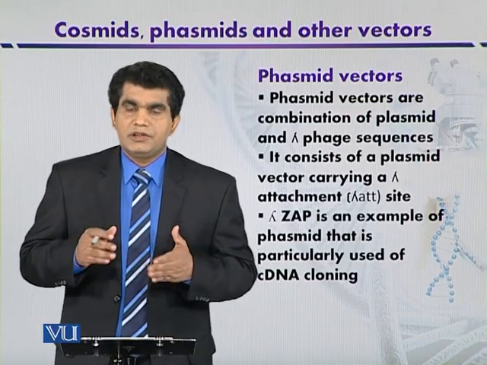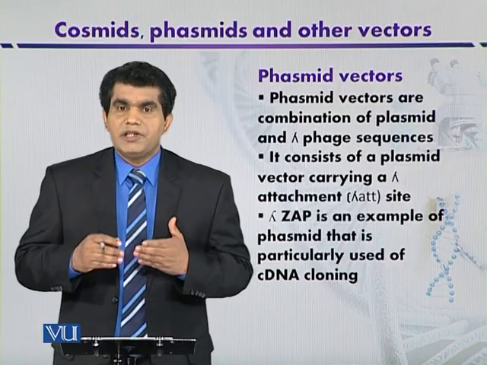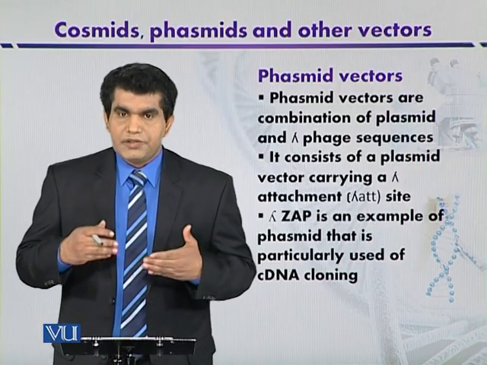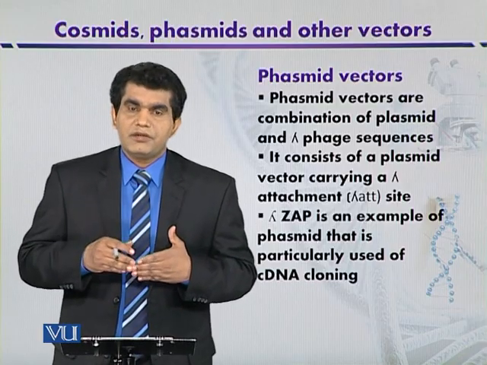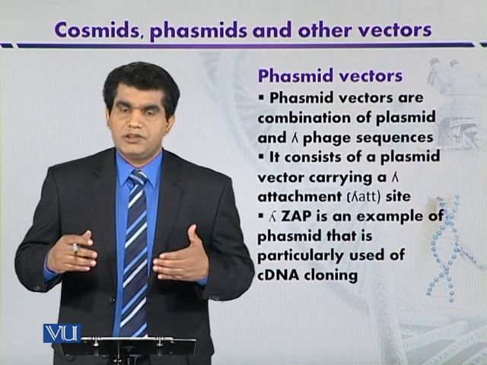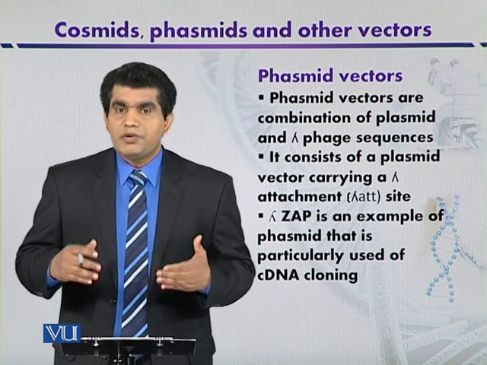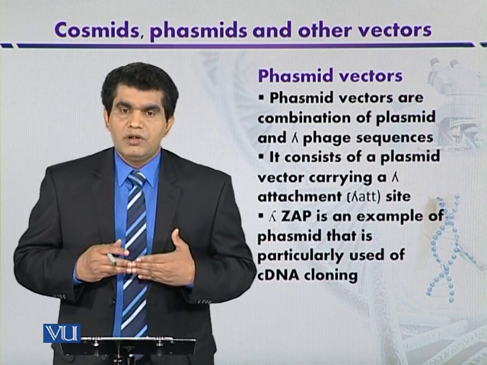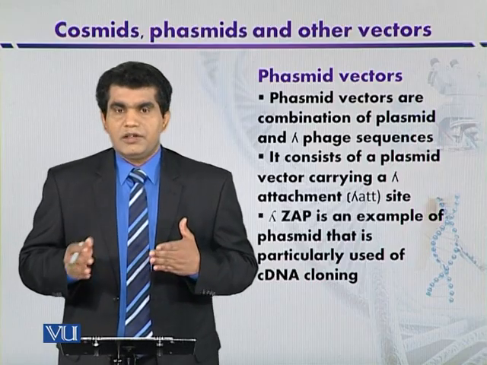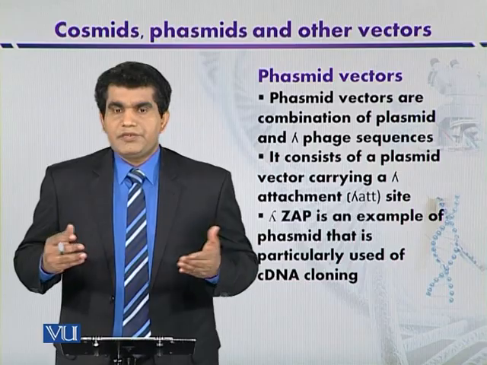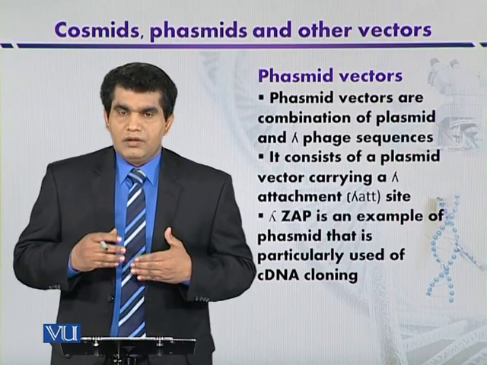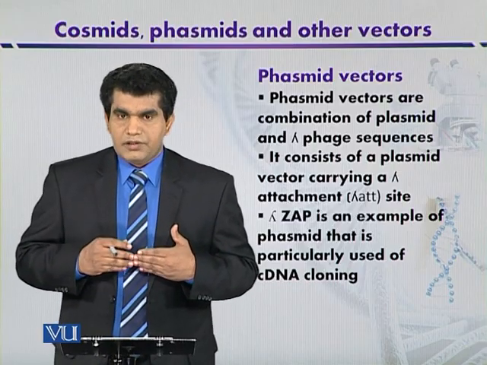When they are packaged inside the phage head, their shelf life increases, and at the same time their screening by the use of hybridization procedure is easier as compared to bacterial or the other plasmids. So phasmids have certain advantages over other cloning vectors.